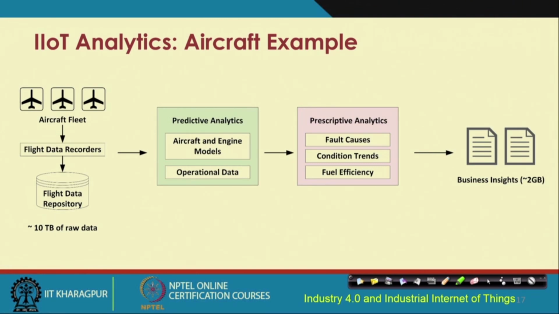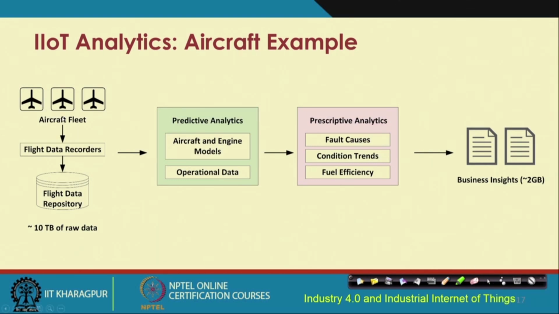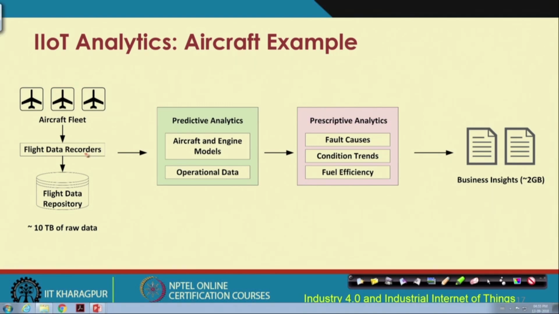So, let me just take an example of aircraft. Aircraft fleet: each aircraft, as you know, is equipped with different flight data recorders. These flight data recorders record the data that are coming from the different parts and components of each flight.